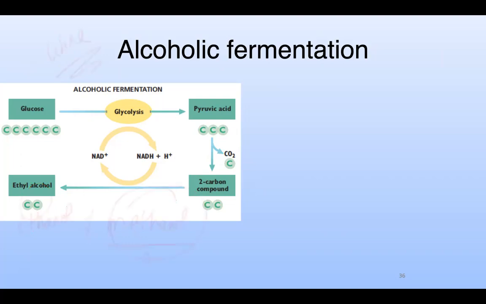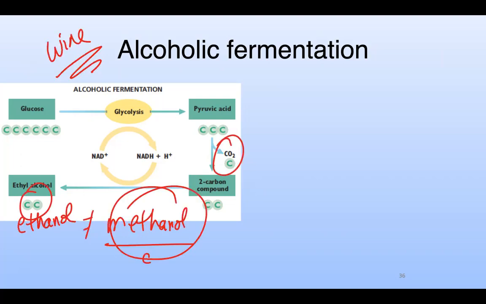But anyway, you can see that carbon dioxide is produced. So we're going to take pyruvic acid, which is a 3-carbon compound. We're going to release one of those carbons as CO2. So we have a 2-carbon compound. That 2-carbon compound is going to be reduced, so that NADH and an H can be oxidized.